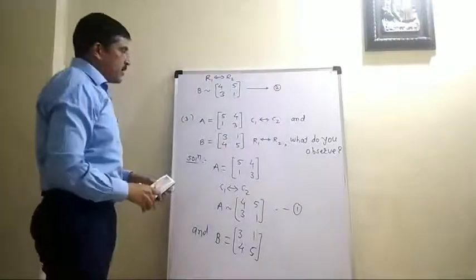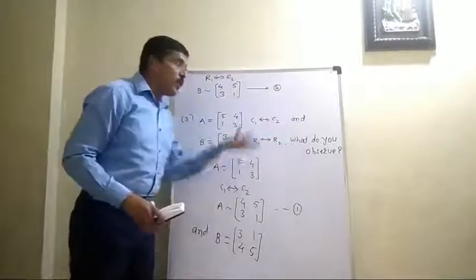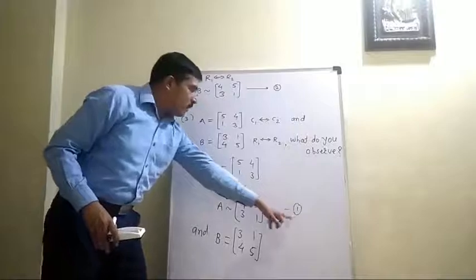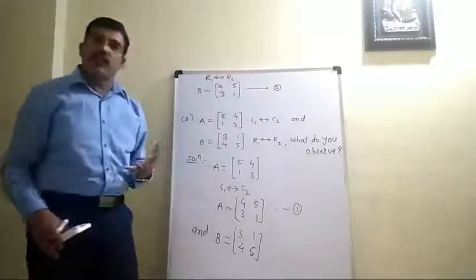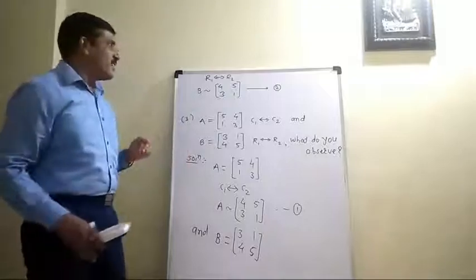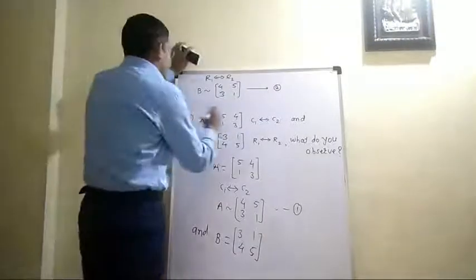Let us see. They have asked the question, what do you observe? If we observe equation 1 and equation 2, it is clear that 4 5 3 1 and 4 5 3 1, you are getting the same result. So what is your answer here?